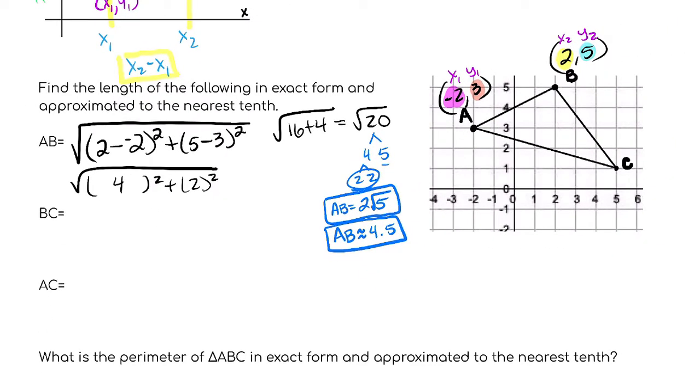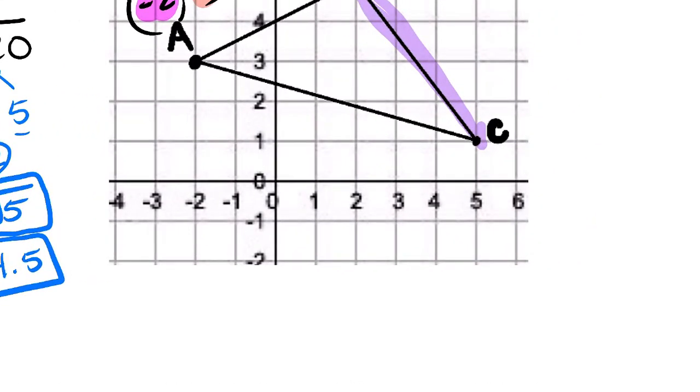Let's look at another one together. If we are looking at BC, so looking at BC here, there's a pair of X and Y. Need to label C. C is at 5, 1.